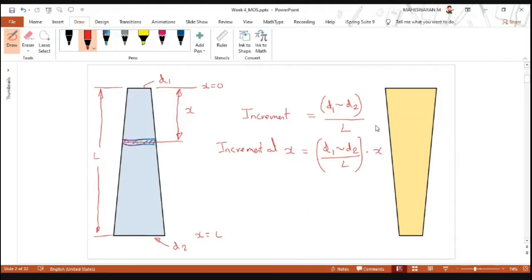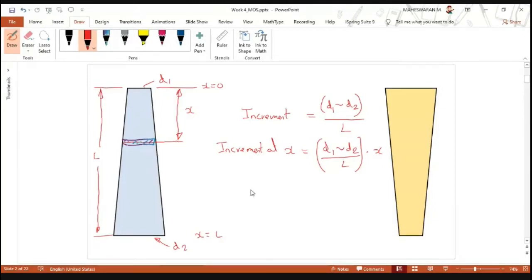So when I put x is equal to 0, every term is 0. When I put x is equal to L, you get the d1 and d2 difference. Till now, I identified only the incremental value, not the diameter value.